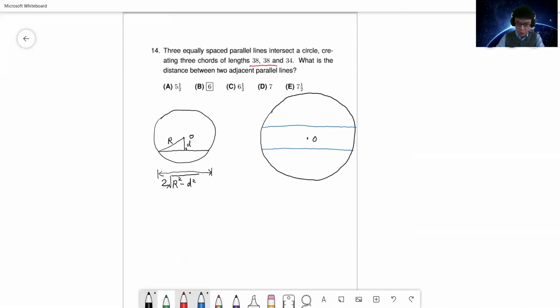Suppose the distance here is x. This is x. So this corresponds to two lines. We have a third line. Also, we keep the same distance. So the distance from the third line to one of these two chords is 2x.